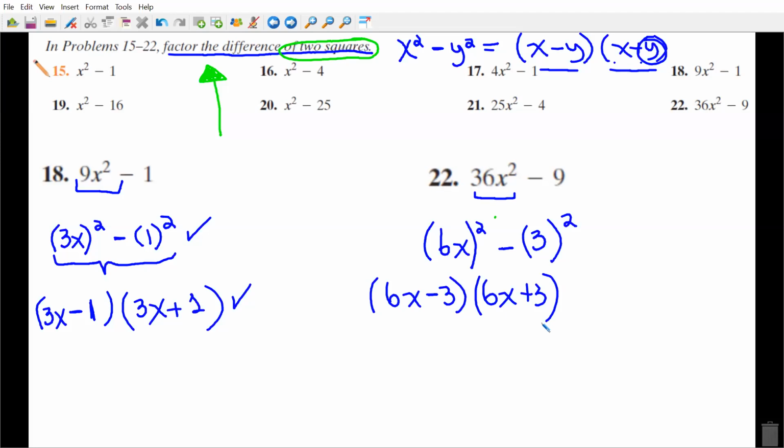Or FOIL. The 6x minus 3 and the 6x, like the parentheses and all that process is the distributive property or the FOIL, because like always I have that.